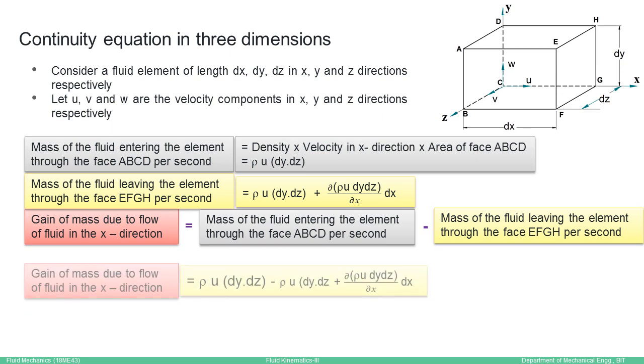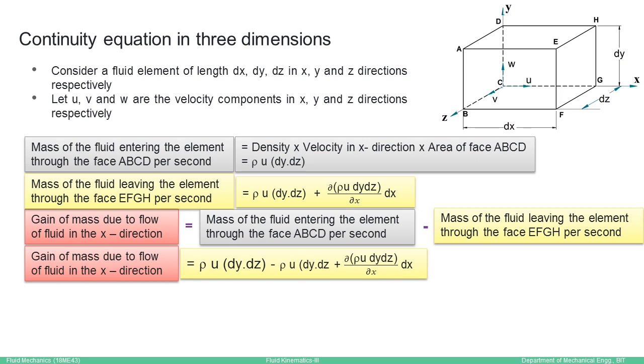If you substitute the expressions, that will result in minus ∂(rho u)/∂x multiplied by dx dy dz. dx, dy and dz for a cuboidal or parallelepiped element have the same units as volume, that is nothing but the volume of the parallelepiped element here.